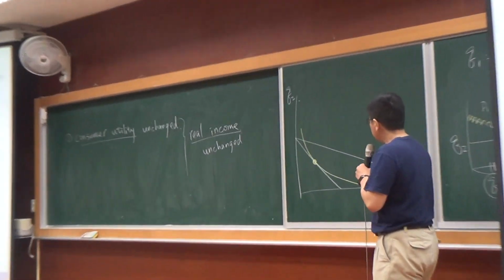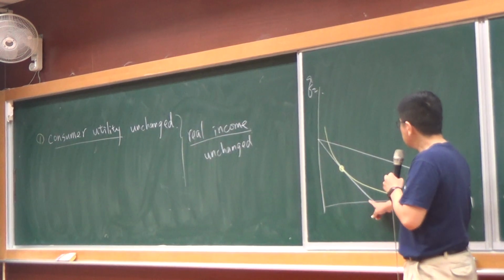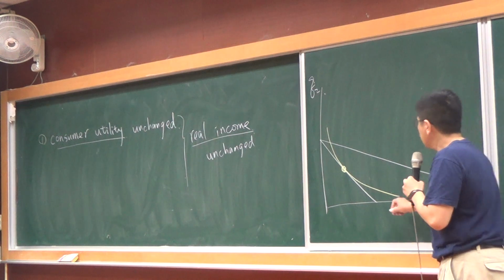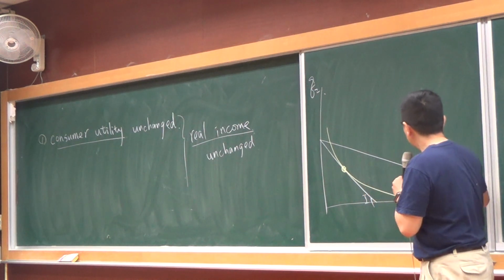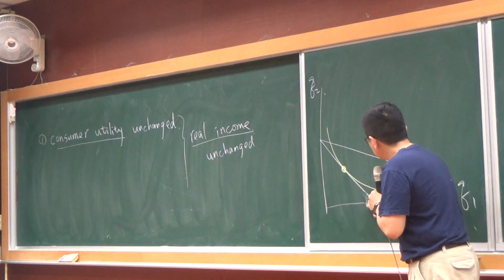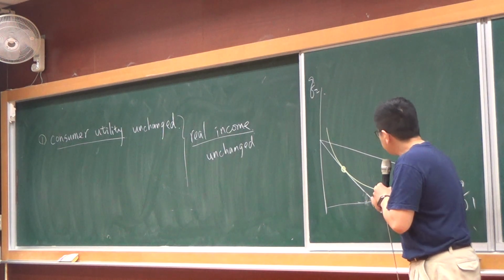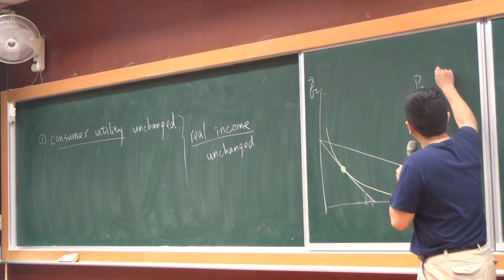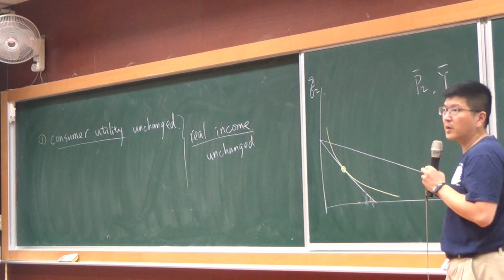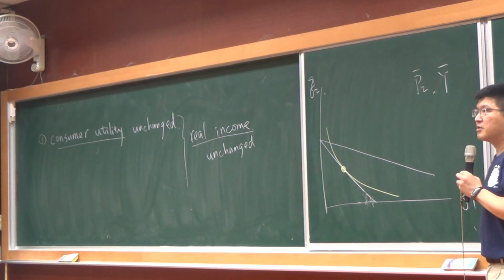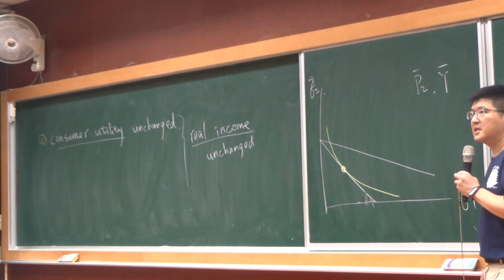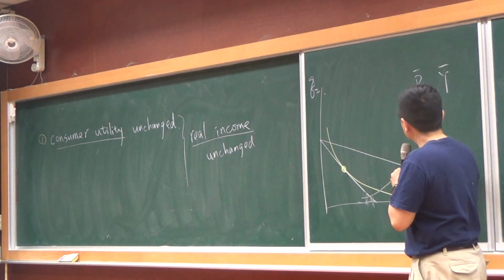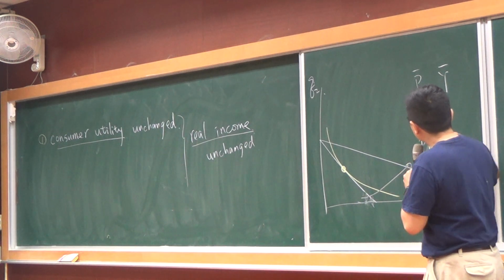When the budget line changes from the initial one to the new one, just change from here to here. So what happened if we hold P2 and Y constant? What happened to P1? Do you think P1 increases or decreases? Decreases, right? So this effect is due to the drop in P1.